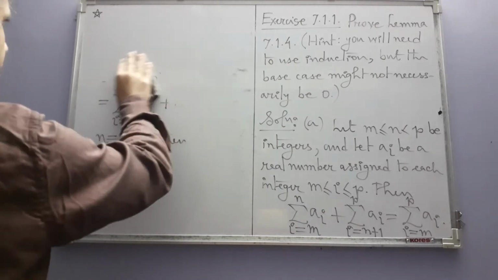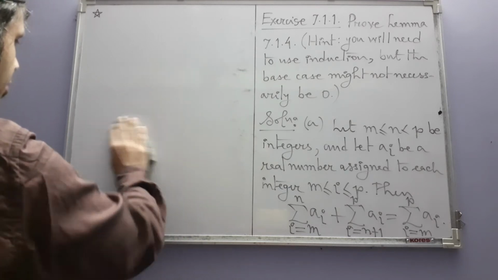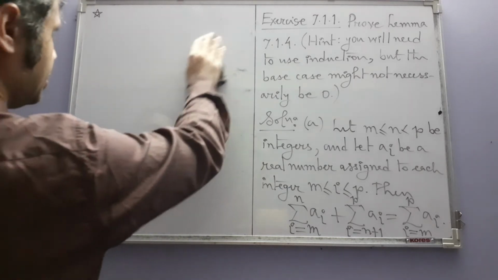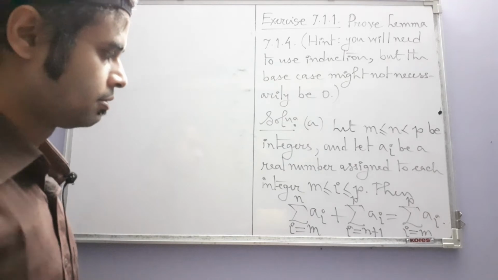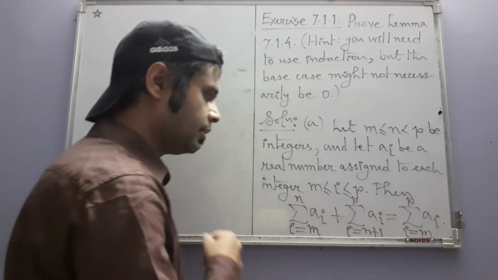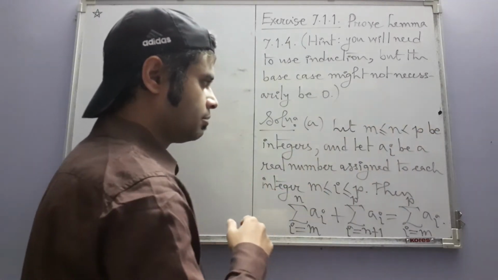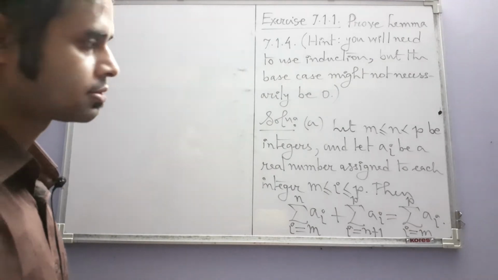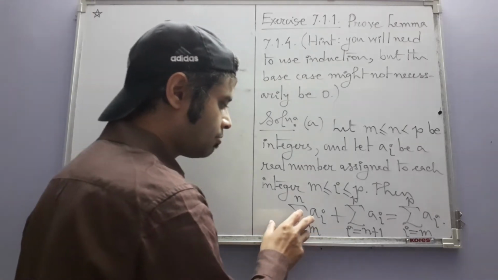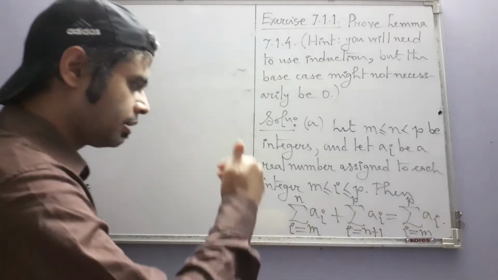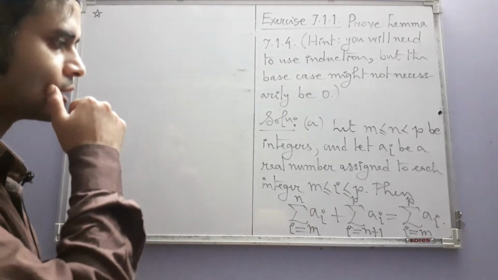You see, these are statements about infinitely many objects, or some things happening in infinitely many cases, because your m and p have infinitely many choices. n also has accordingly infinitely many choices. So what you are saying in this statement actually is a set of equations where there are infinitely many equations.